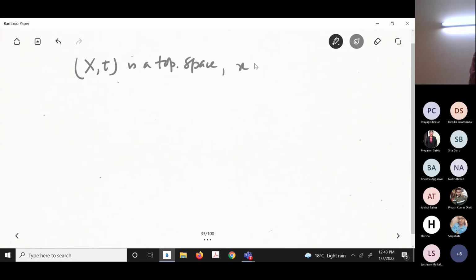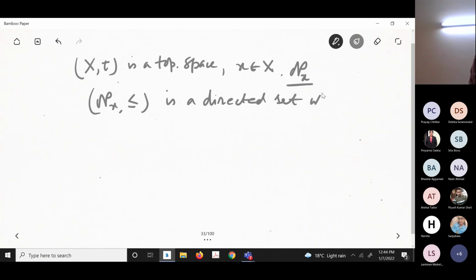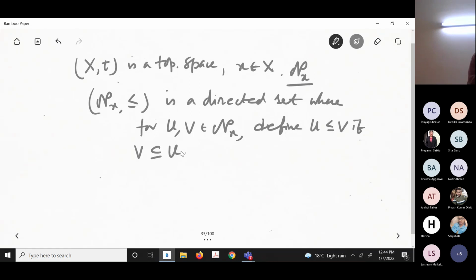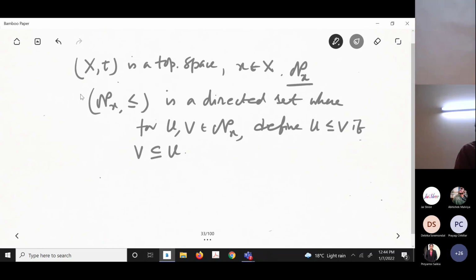Okay, x belongs to X, and you are taking this neighborhood system, neighborhood filter, N_x. Then N_x is a directed set, where for U, V belongs to N_x, define U less than or equal to V if V is contained in U. So directed set, don't forget.